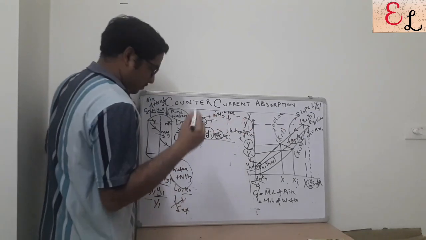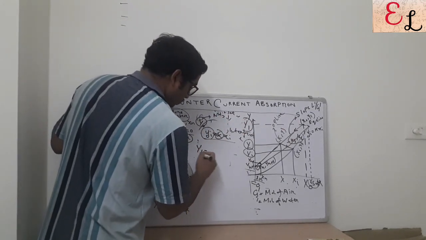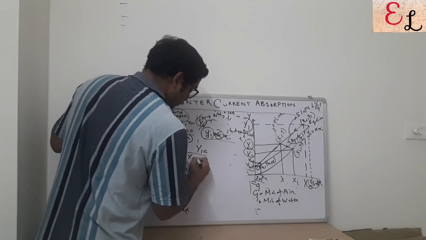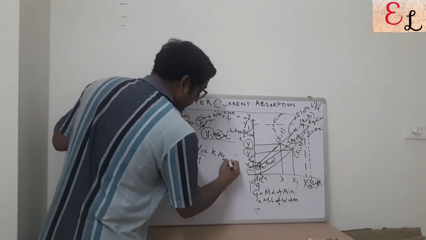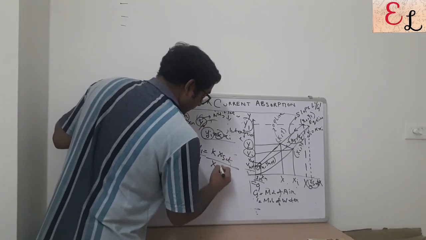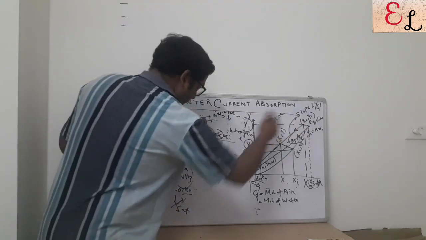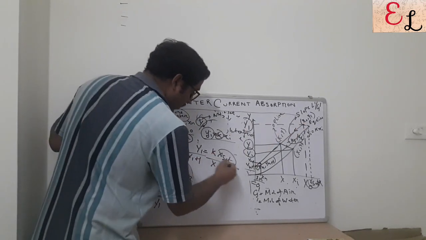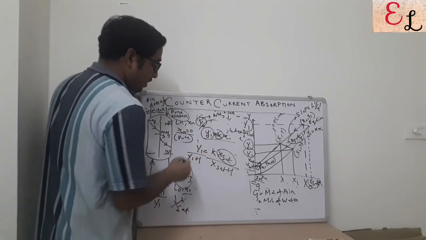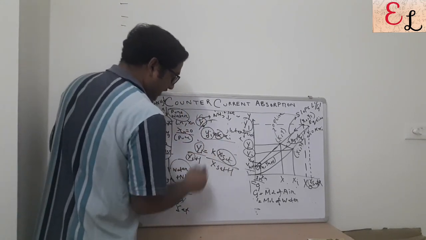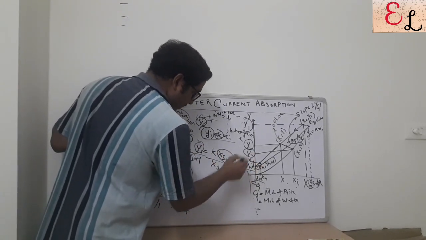We know the equilibrium constant, so we know that y1 by y1 plus 1 is equal to k into x sat by x sat plus 1, as we have already shown for the equilibrium line. So from here we find out the maximum x value, x sat, that is possible, because we know y1.